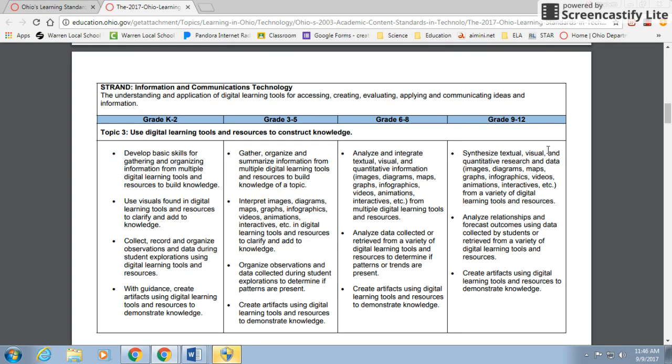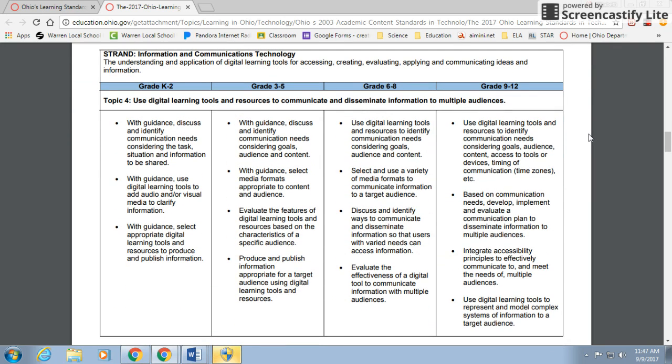We just need to make sure that, again, whatever resource or tools that the students are using, it needs to be relevant. Again, it's not just for the sake of throwing in technology for the sake of doing it. It needs to be very relevant to the lesson and to the concepts that they are learning at that time.